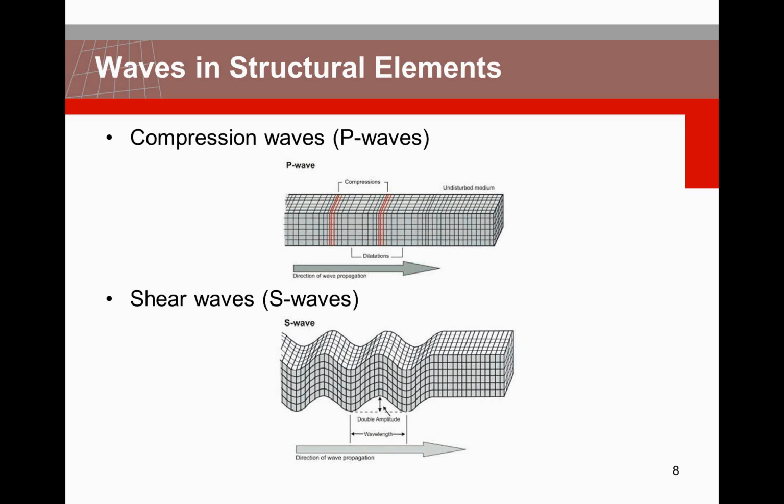Because if you know the time between the arrival of your P wave and your S wave, you know the distance from your source of the earthquake. And if you do that for several points, then you can localize the epicenter of the earthquake. It's not directly related to the finite element model in this case, but it shows a little bit where these waves are being used as well.